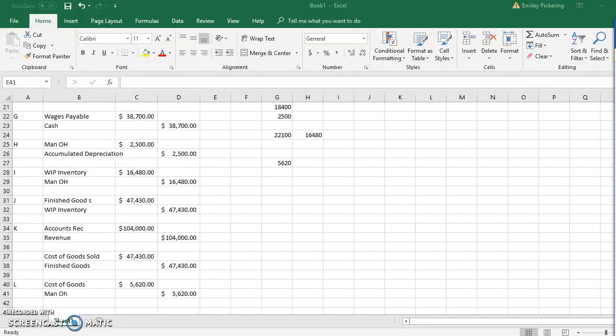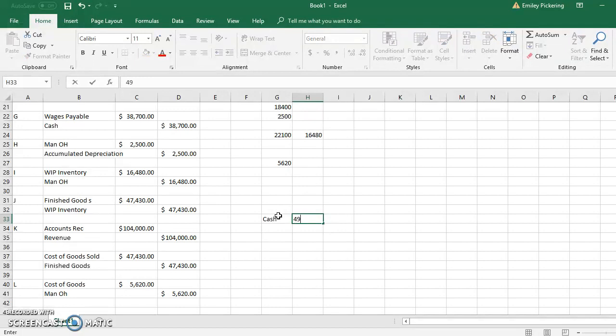And then the trial balance, I will just put on here quickly so that you can see what it looks like. So cash is 49,300. And then we have accounts receivable, and that was here. Inventory was, first we have to split it here.